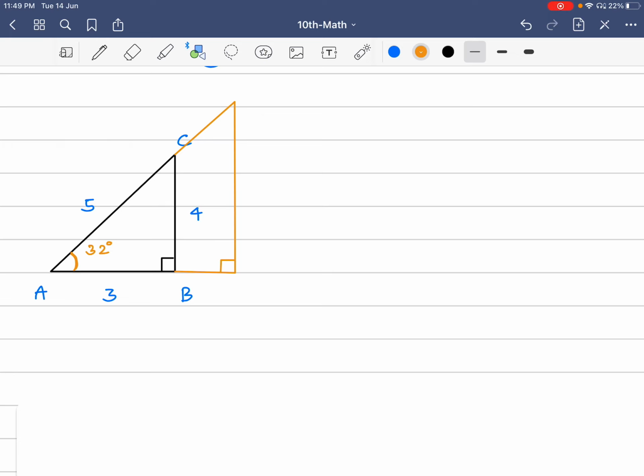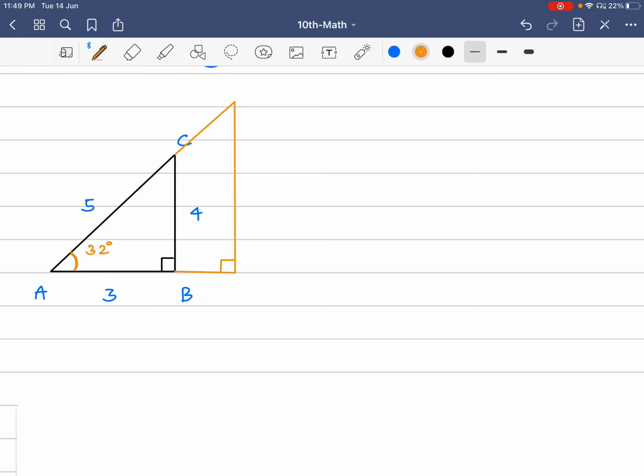So obviously this is our right angle triangle. This triangle ACB has been extended and we have got a bigger triangle now. Let's give some names to that bigger triangle.